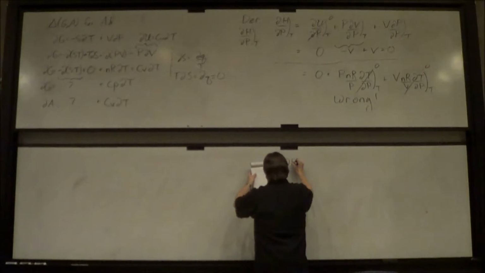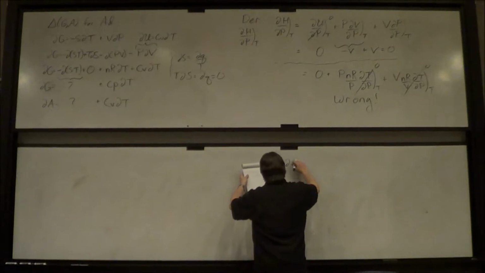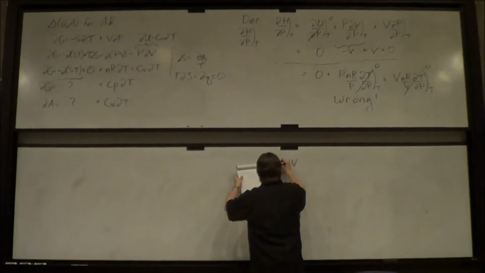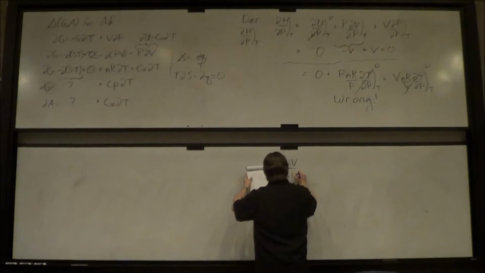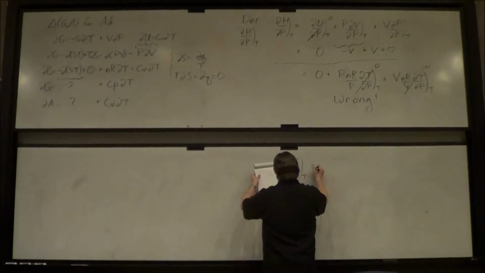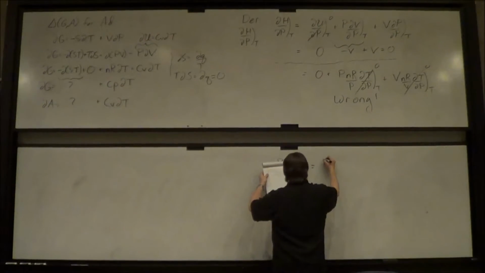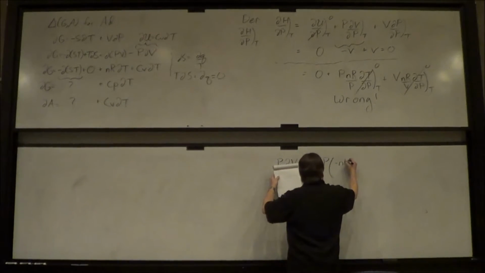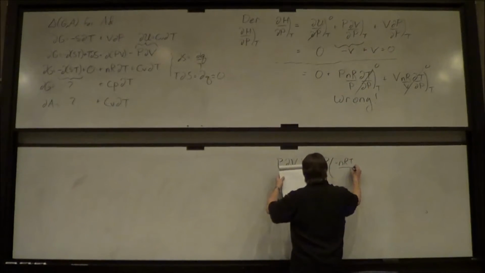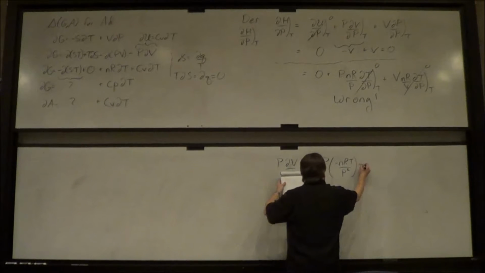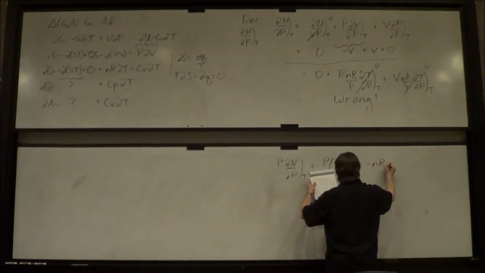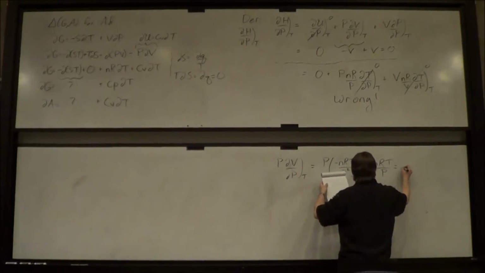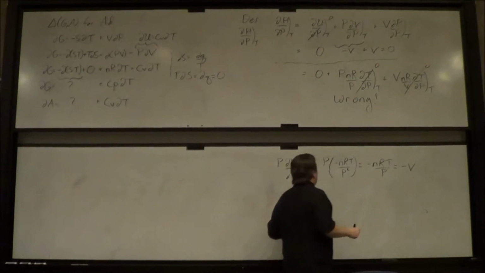I'm going to do the second term. dP, constant T. You took this term, and what it really is is nRT over T squared, which is minus nRT over P, which is minus V, which is what I wanted you to do.